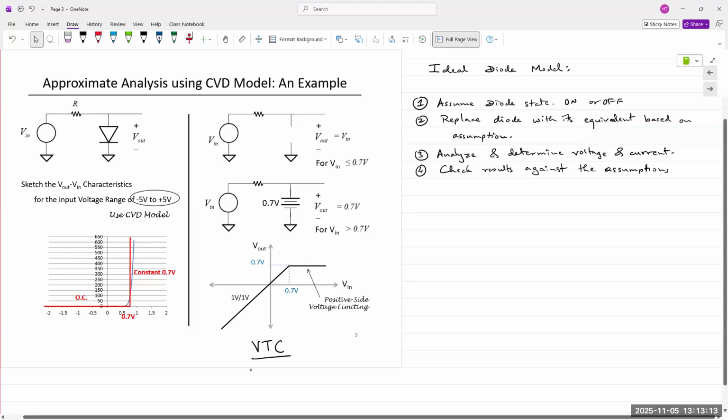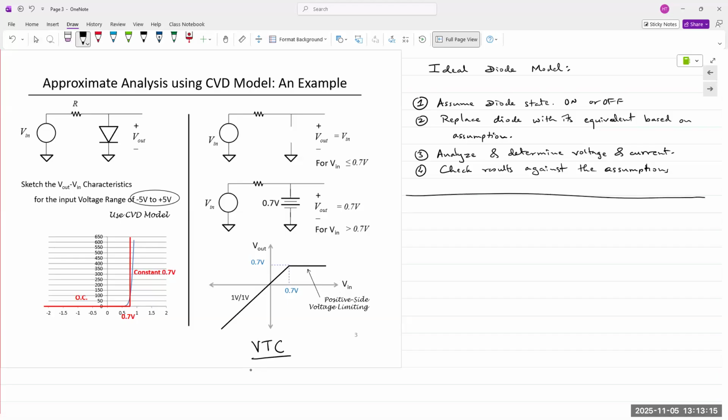Anyway, if we use the ideal diode model, let's assume that V in is less than 0.